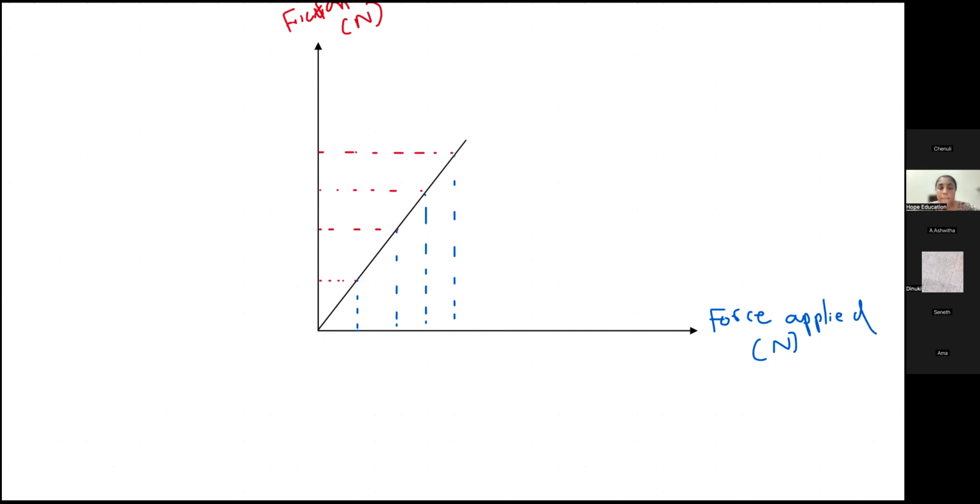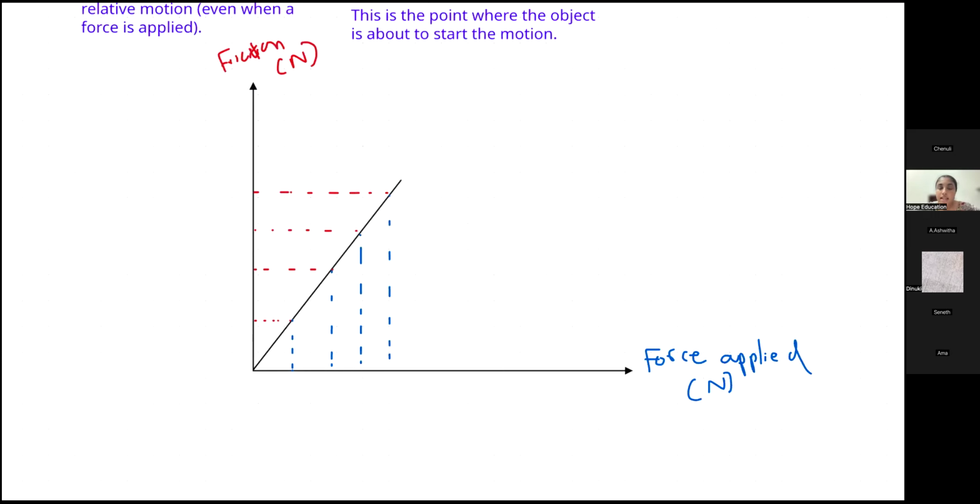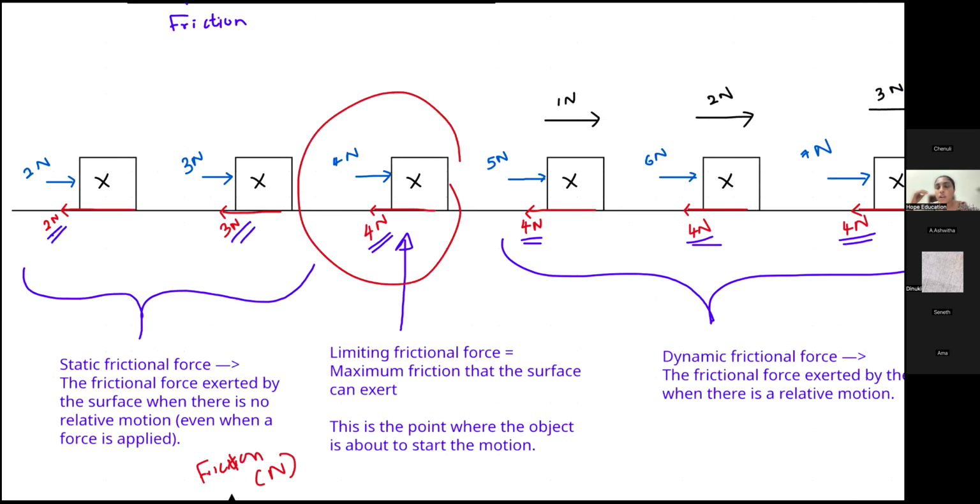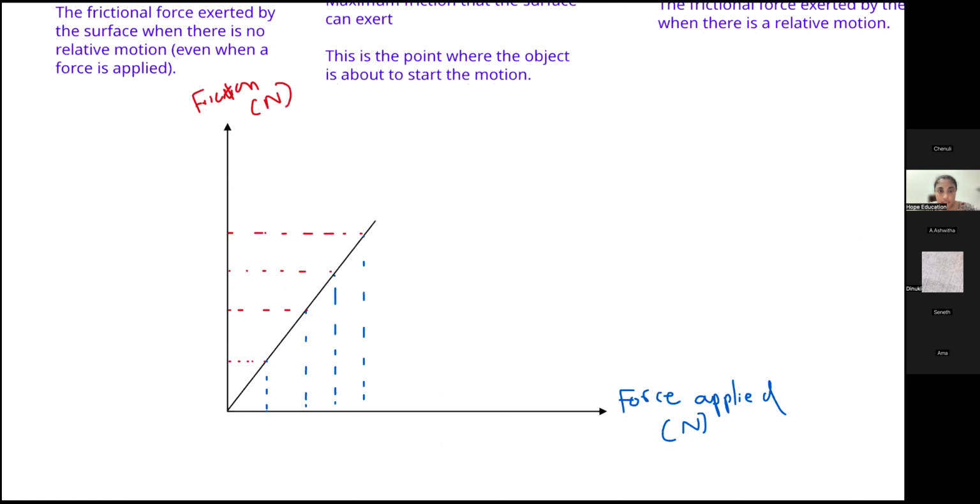And then what happens is that there will come a point where the other surface can only apply a maximum frictional force. ඊට වඩා යට apply කරන්න බැරි තැනක් එනවා. Right? Let's say මෙන්න මෙතන තමයි ඒ තැන. Right? So here මම මේක මෙතන label කරන්නම් 4 newtons.